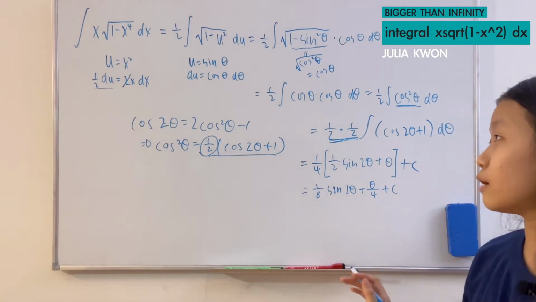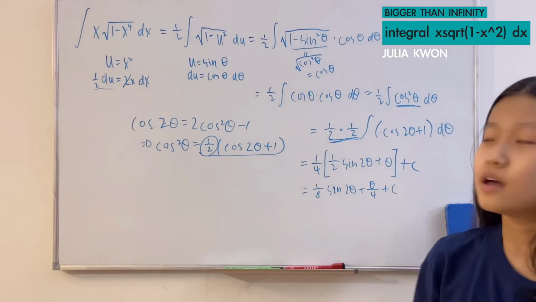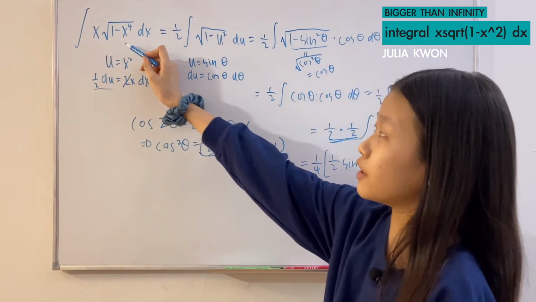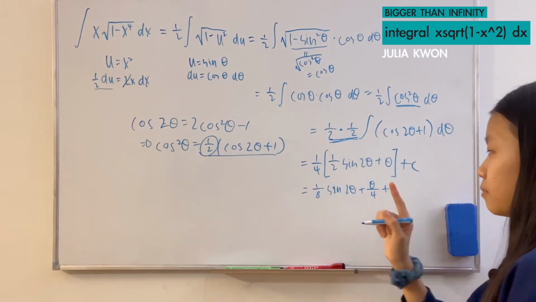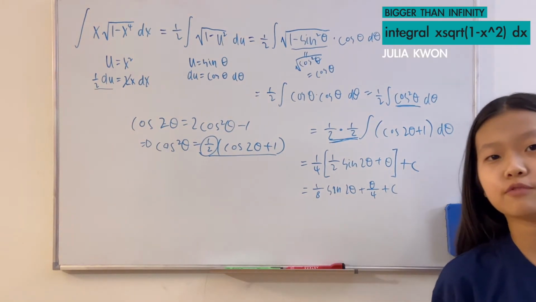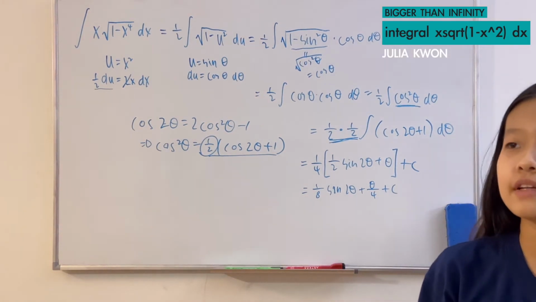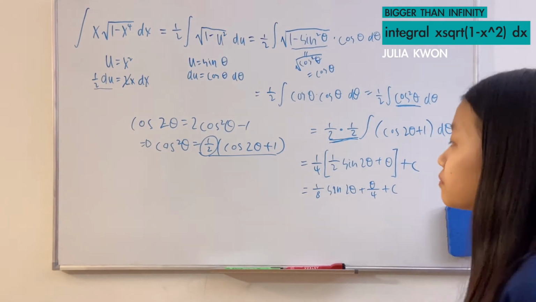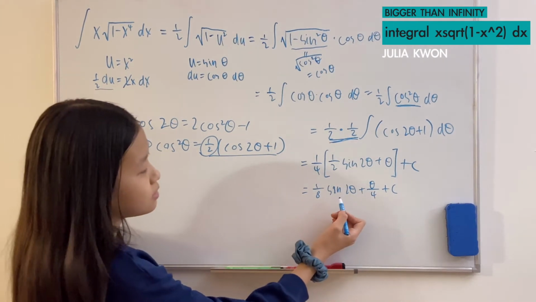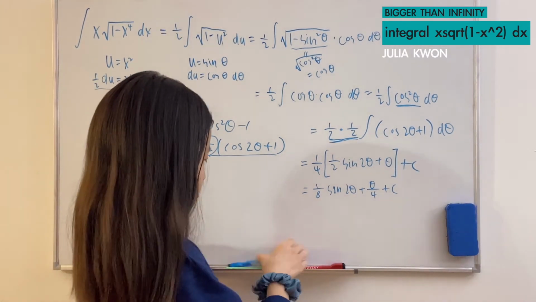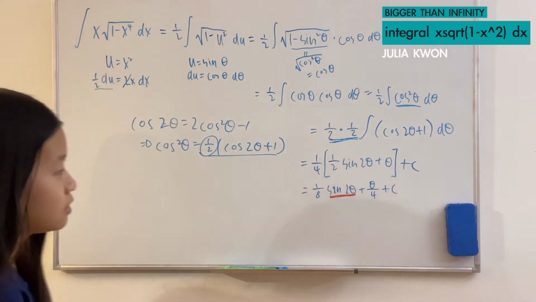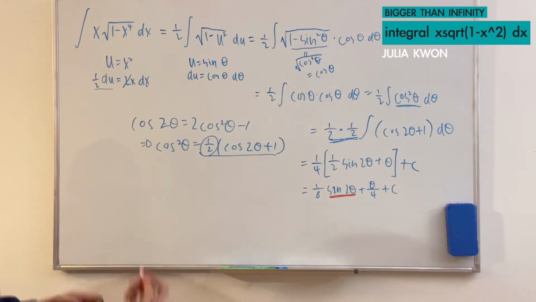This is not our final answer yet, because when we started, we had the variables in terms of x, but in the end we had it in terms of theta, so we're going to have to change it so that we would have x as the variable again. I'm going to try to change the sine 2 theta in terms of x first.